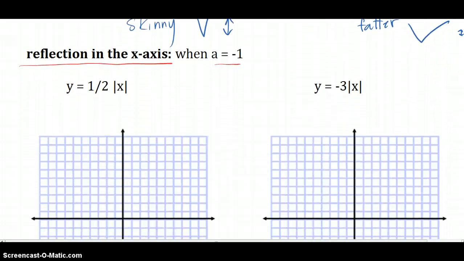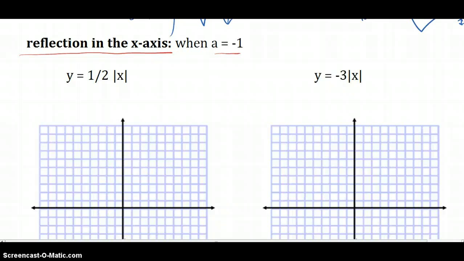So here are 2 examples. Y equals a half of the absolute value of x. The absolute value of a half, so you just take the positive half, which is already positive. It's less than 1, so that means it is vertically shrunk or compressed.